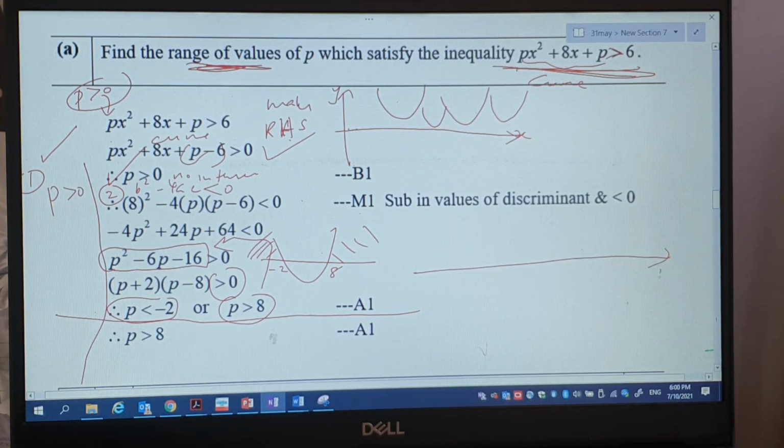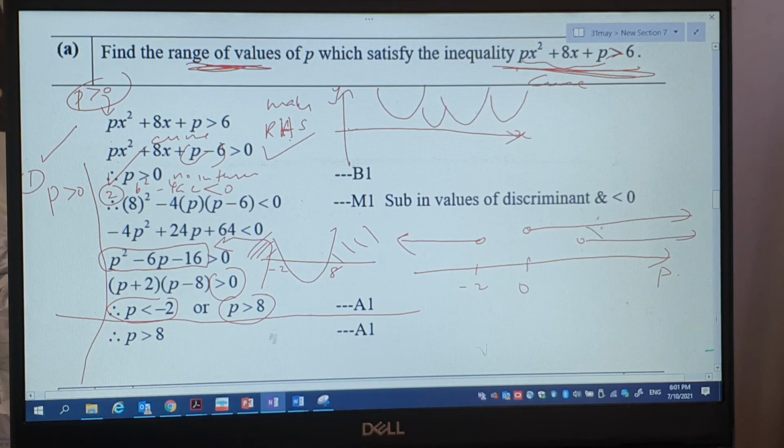You draw this, p must be greater than 0. This is 0, so shade or don't shade, you draw long. Then p minus 2, you shoot this way. p greater than 8.